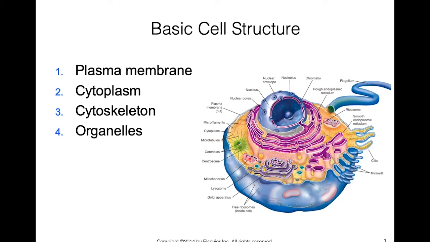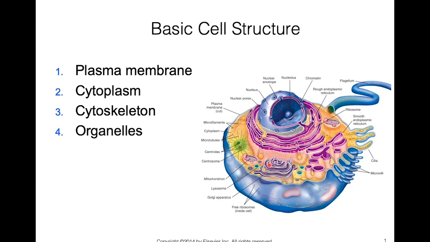That's because in and of itself, this cell is operating on its own. And then when you put them all together, and they're all working on their own but working collectively together, that's where you create your tissue. So basic cell structure: the plasma membrane separates the internal environment from the external environment.